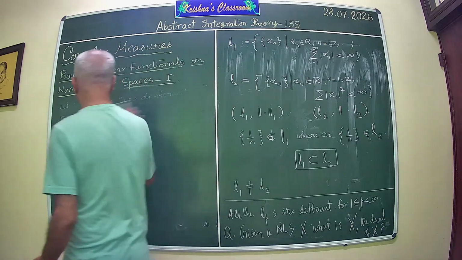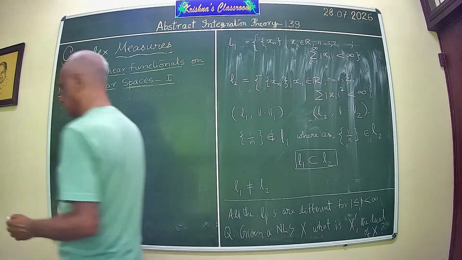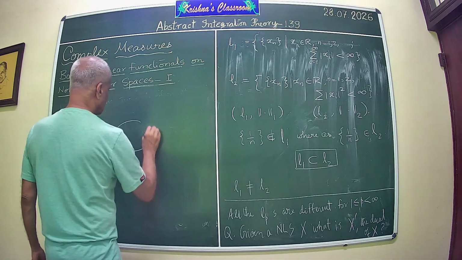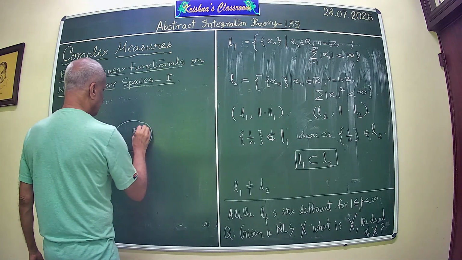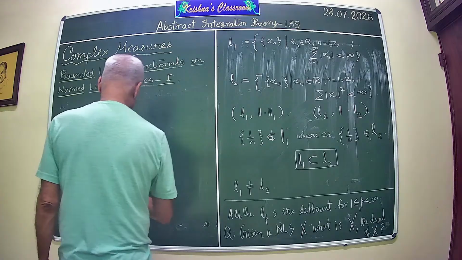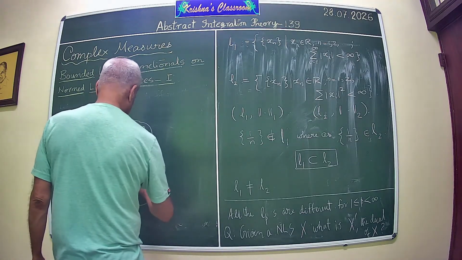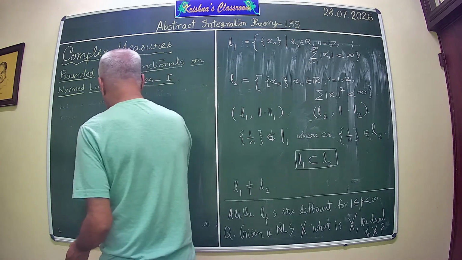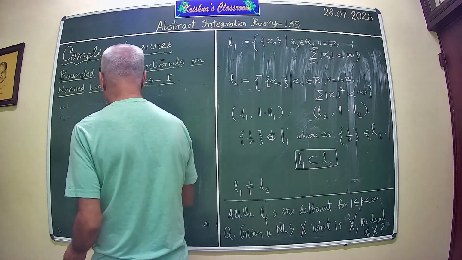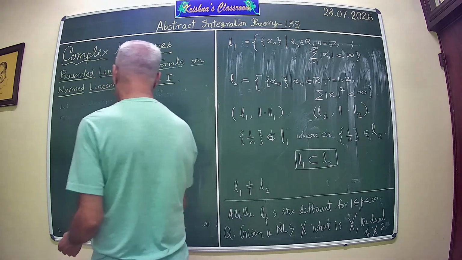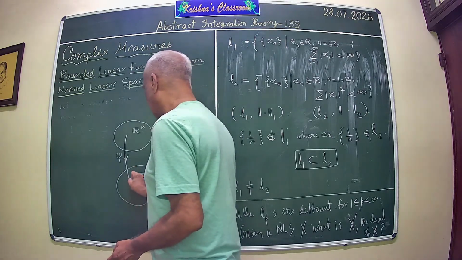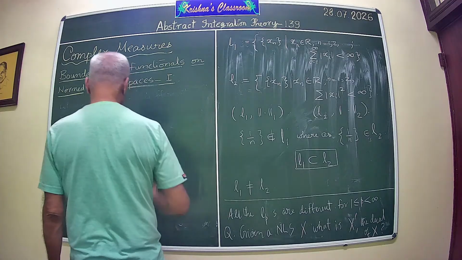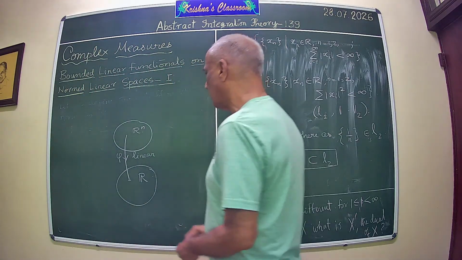So in the finite dimensional spaces, this is what you have. This is your R. This is your R. And now we are talking about linear functions on Rn, which are nothing but maps from Rn to R, which are linear. Okay, or I will put it this way.